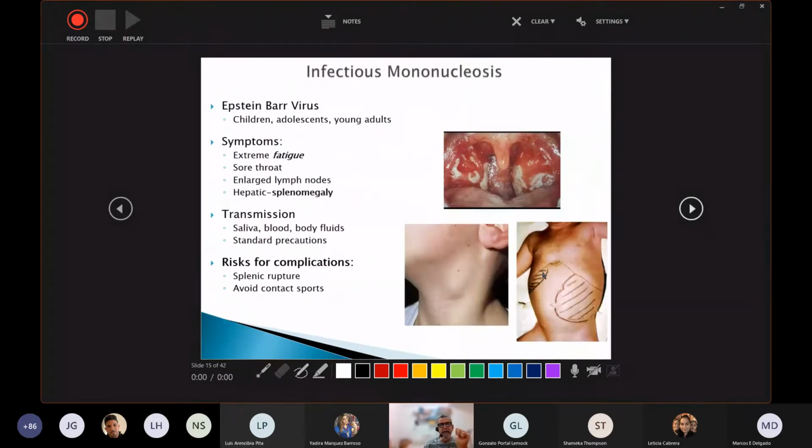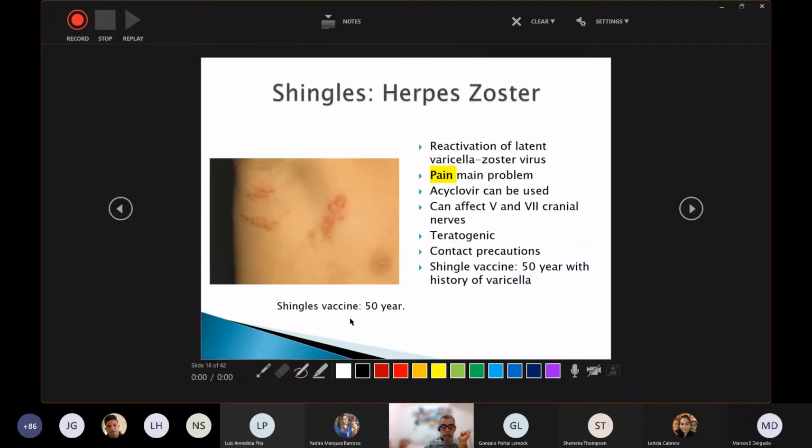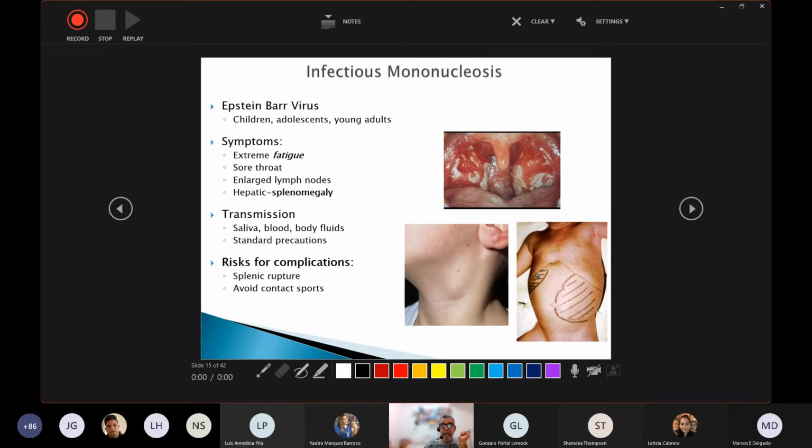I don't know why. Mononucleosis. Infectious mononucleosis is a viral disease. This is the name of the virus, Epstein-Barr, that produces huge lymph nodes in the neck, a very disgusting tonsillitis that is difficult to differentiate from a strep throat, and the most important, huge enlargement of the spleen that can rupture and then become an emergency.